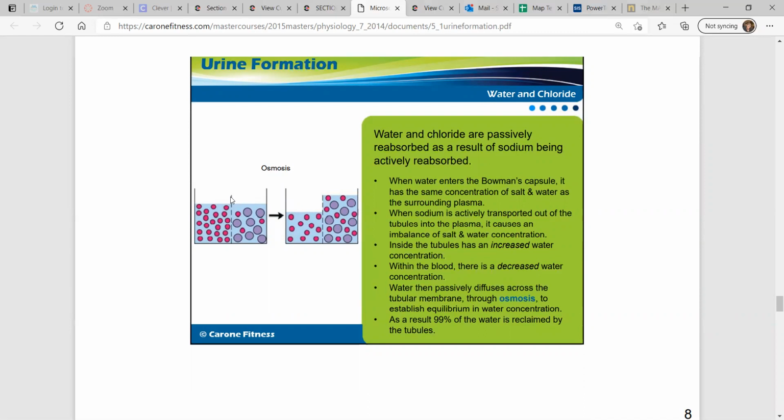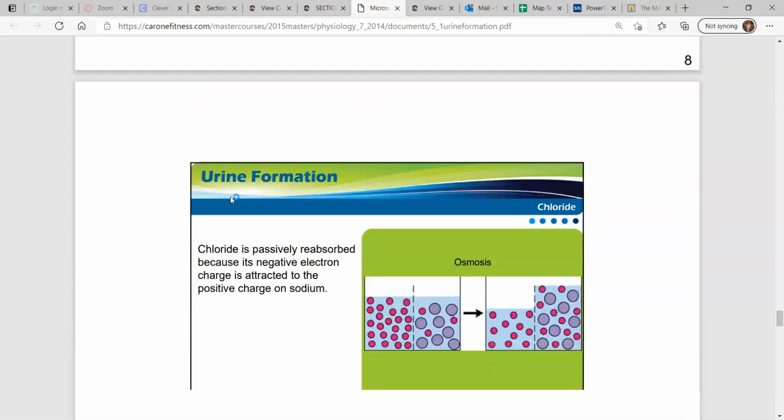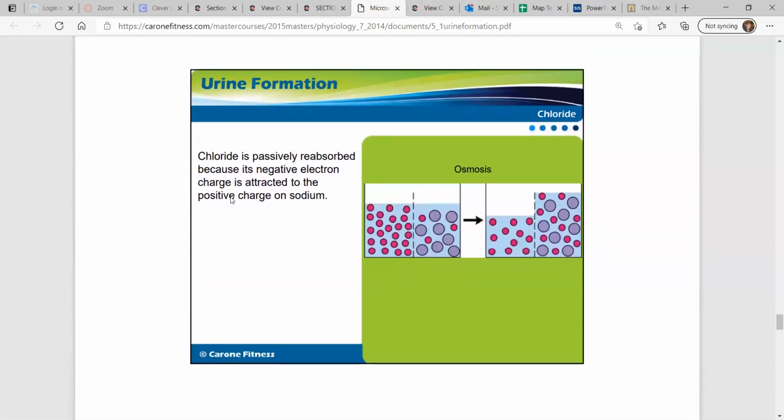Water then passively diffuses across the tubular membrane through osmosis to establish equilibrium in water concentration. As a result, 99% of the water is reclaimed by the tubules. Chloride is passively reabsorbed because its negative charge is attracted to the positive charge on sodium.